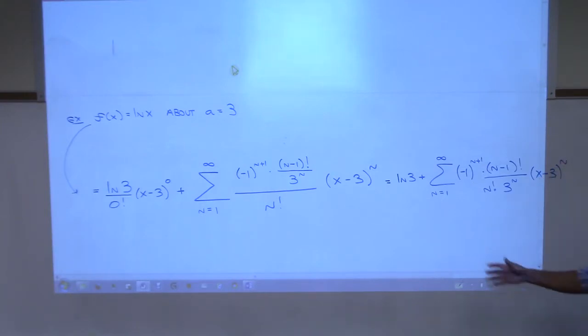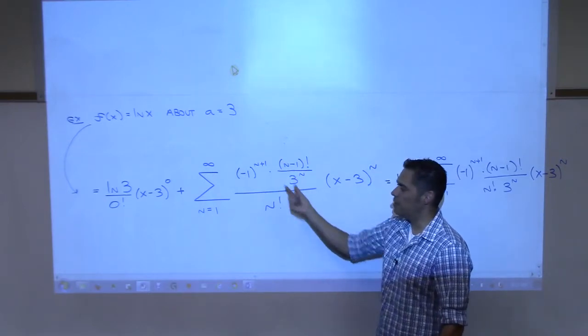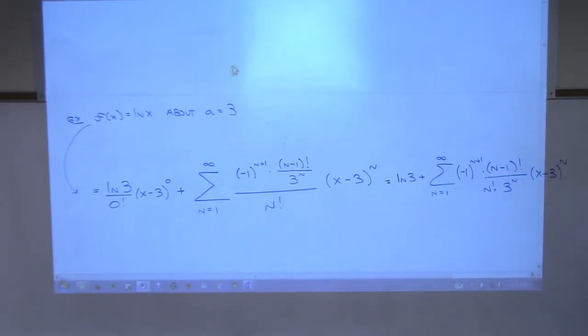So I just tried to clean up this complex fraction a little bit by bringing this n factorial here. What else am I going to do? I'm going to peel out, because I've got an n factorial and n minus 1 factorial. I'm going to break the n factorial down to n times n minus 1 factorial and cancel the n minus 1 factorials.